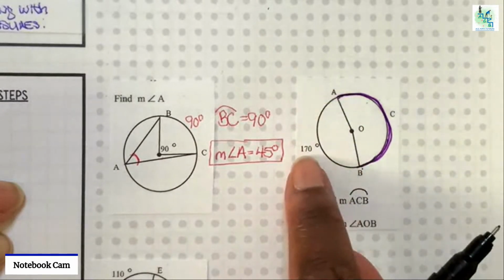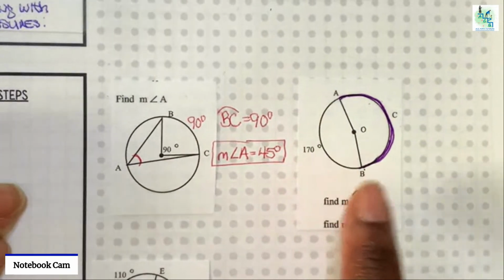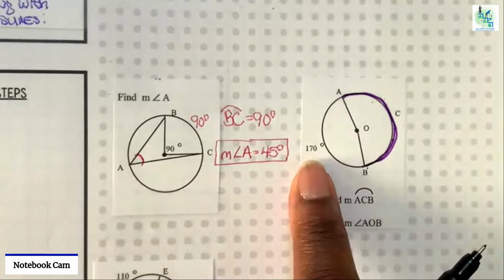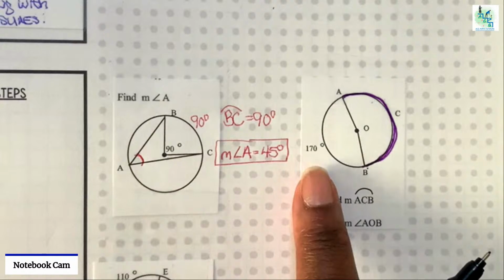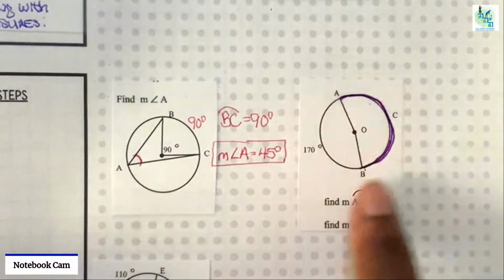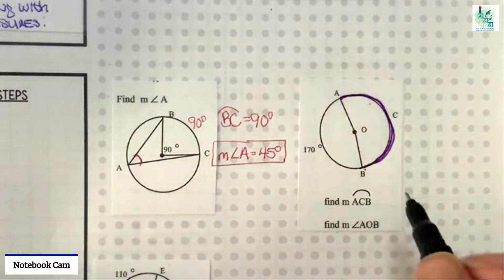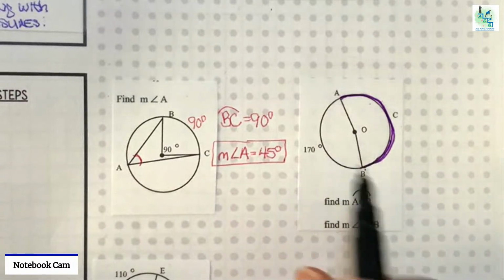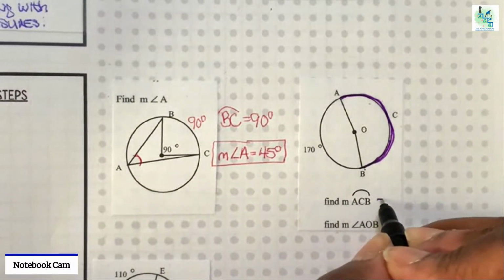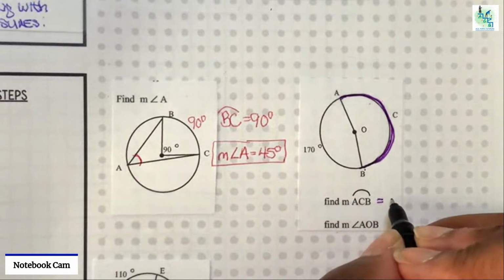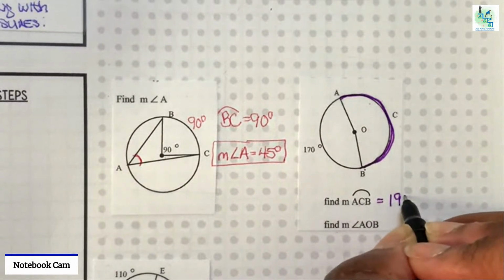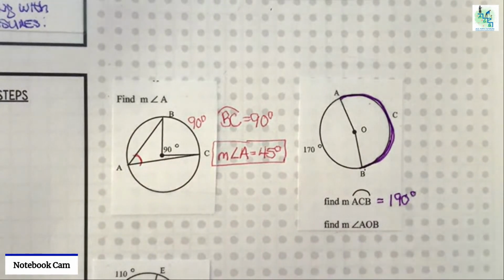Arc AB is going to be 170. So if we know that one side is 170, and we know that a whole entire circle is 360, then 360 minus that 170 gives me the measure of this arc, which is 190 degrees.